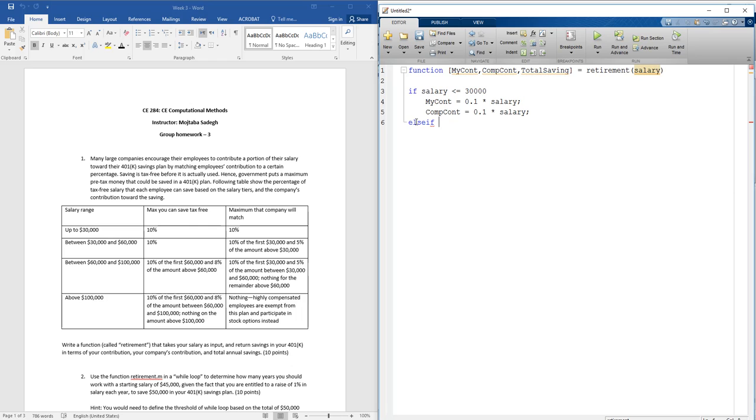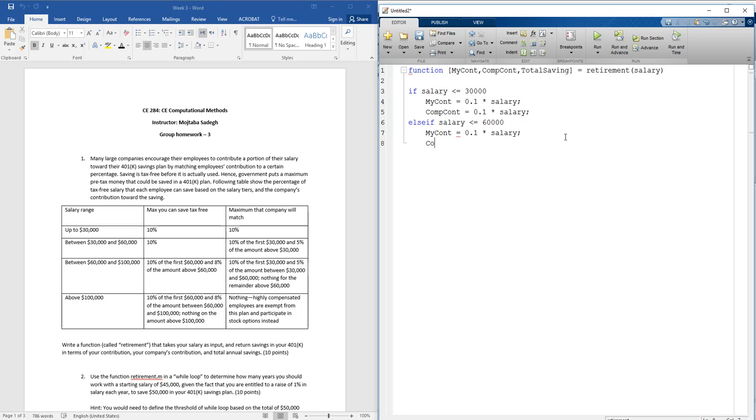So basically, I don't need to say salary more than $30,000 because this else already does the job for me. Else if salary is less than or equal to $60,000 now. My contribution is again 10% of the entire salary, so 10% of salary.